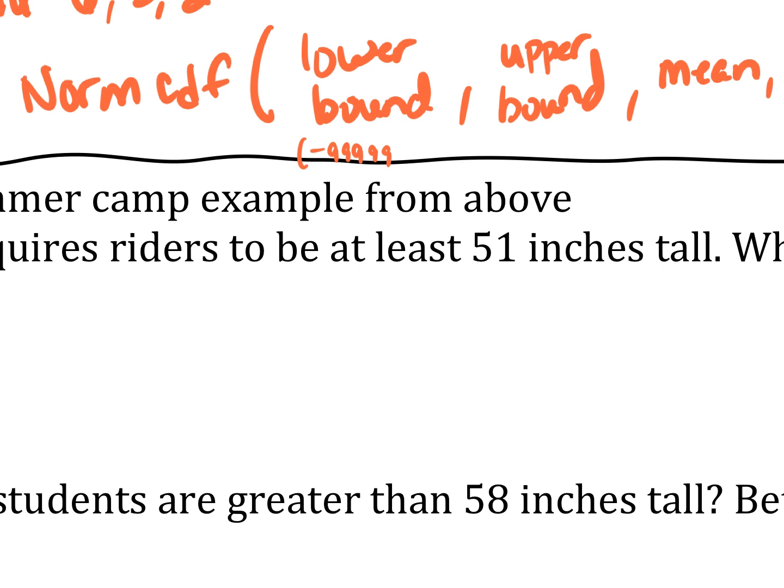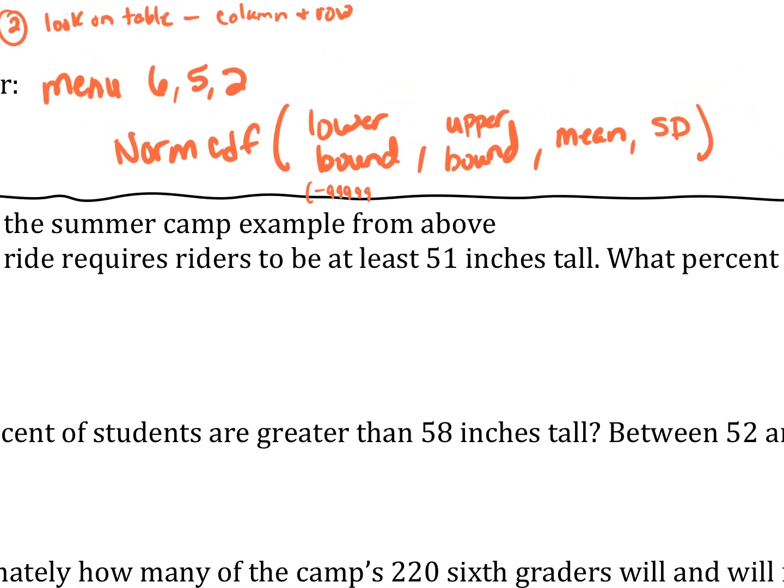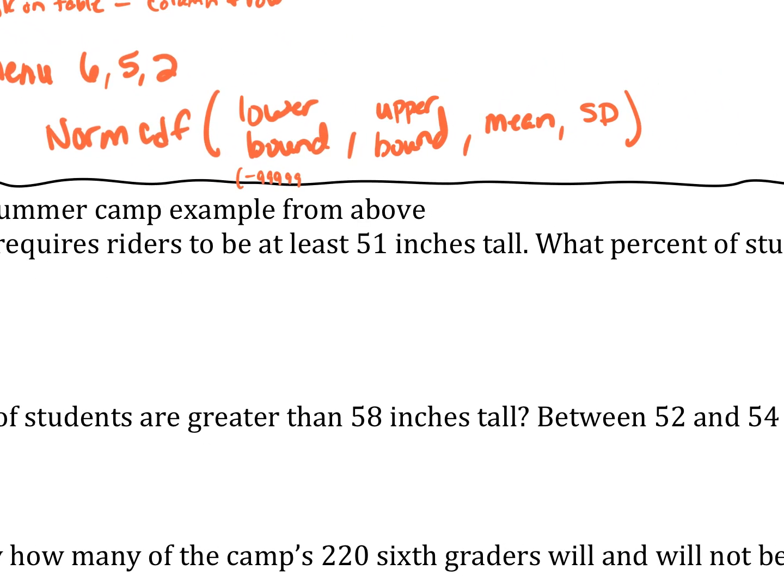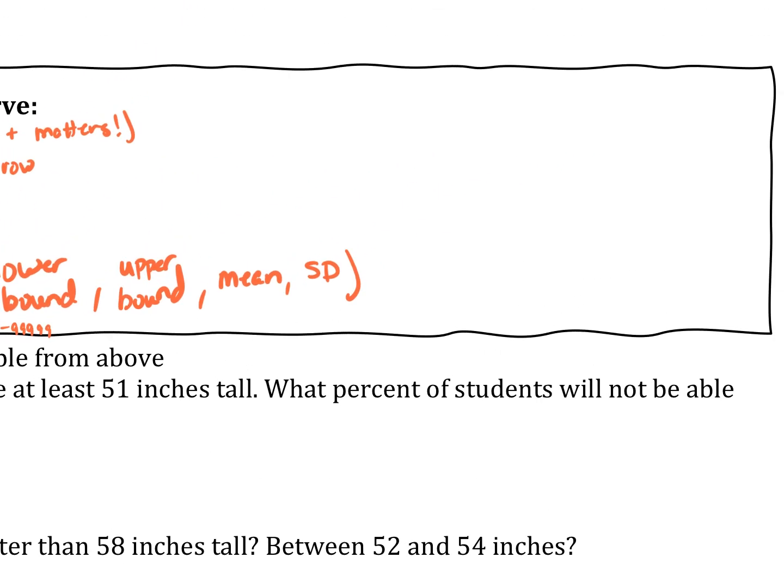I'm curious when we plug into the calculators how this works for everybody. Is that always going to be our lower bound? Well, we're always gonna put our lower bound first and then our upper bound. So here's the difference, Riley. In some instances we're asked to find the area under the curve from here and lower.